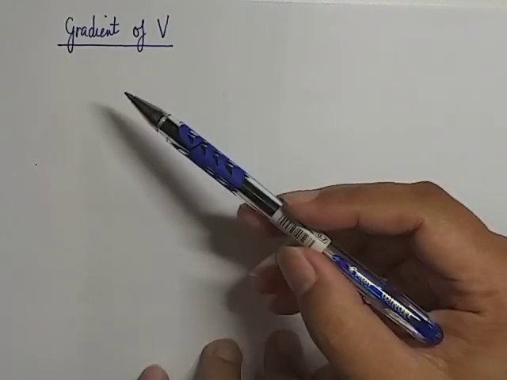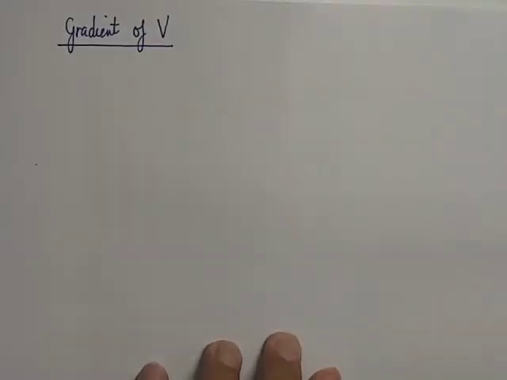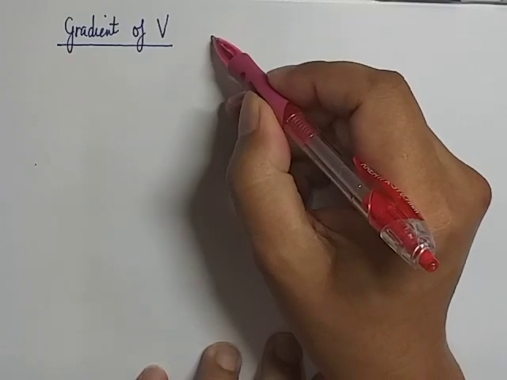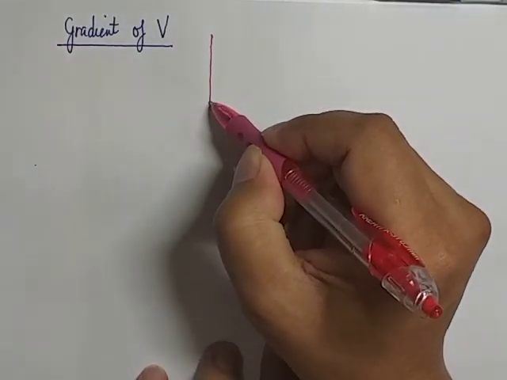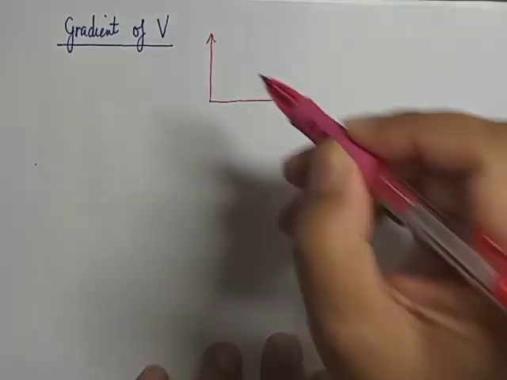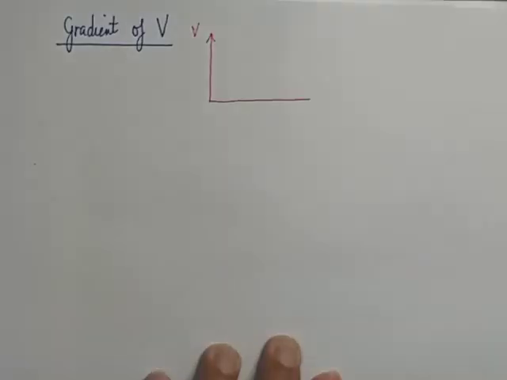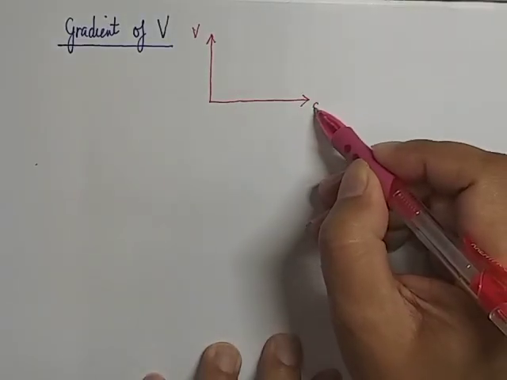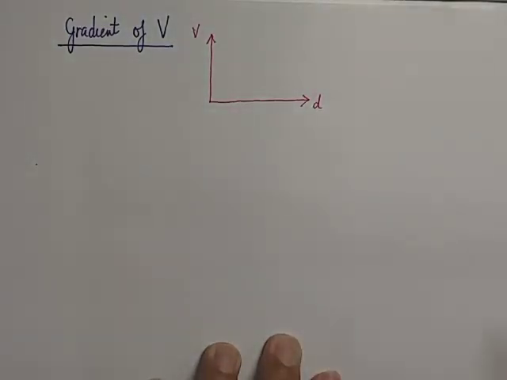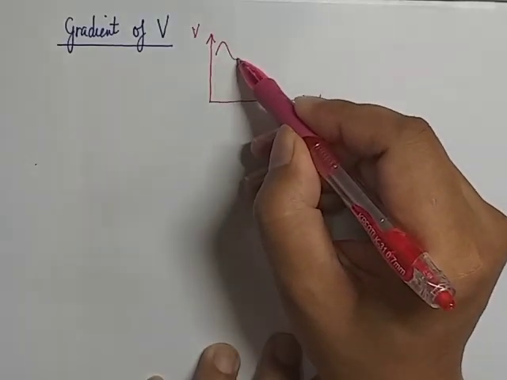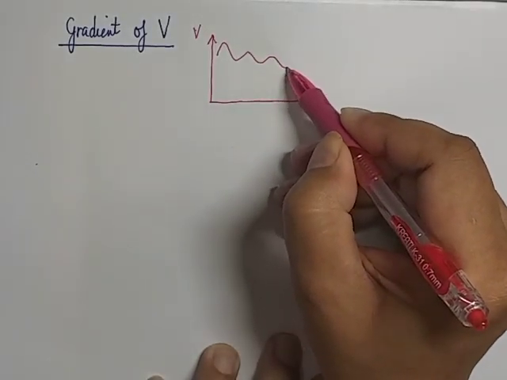So what does it actually represent? Let's say we're going to plot a graph of potential against any parameter, let's say distance. Let's say our graph has this behavior pattern.